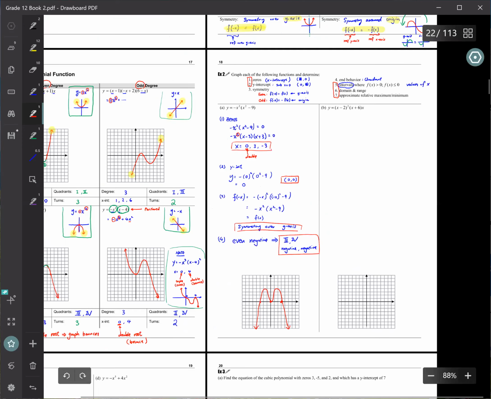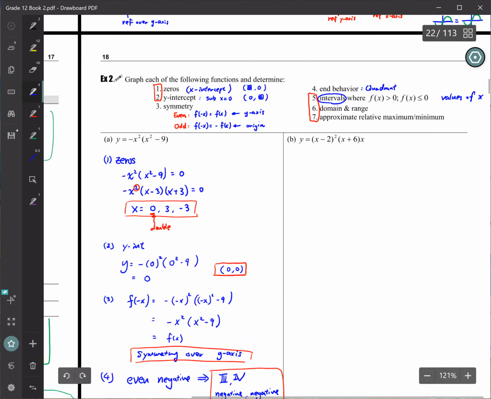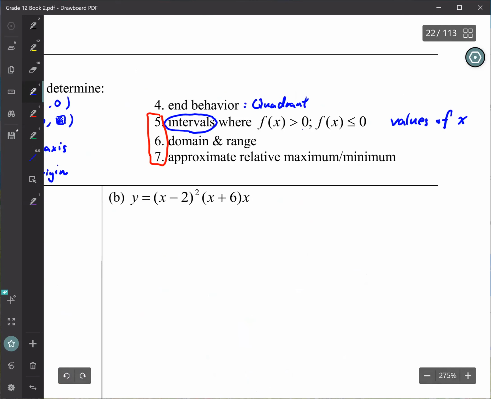All right, now based on this, we can answer number 5. Number 5 has 2 parts. One part is looking for the value of x such that the graph, f of x, is bigger, meaning higher than the zeros. Zeros means the x-intercept.